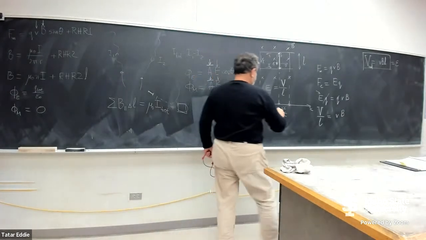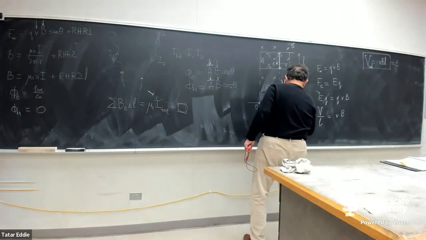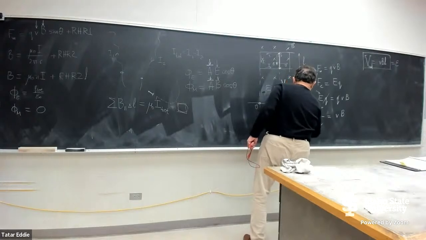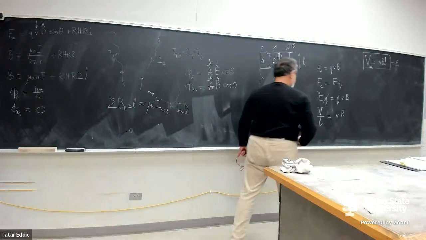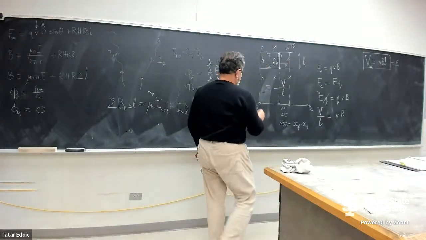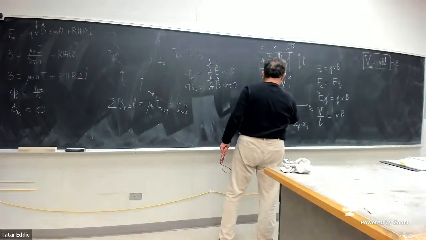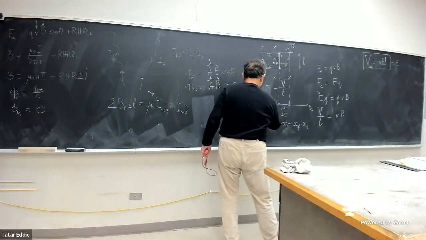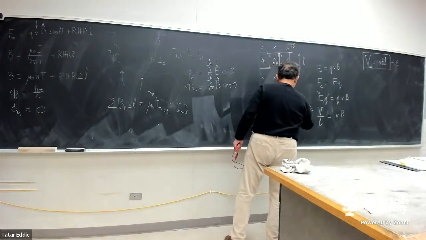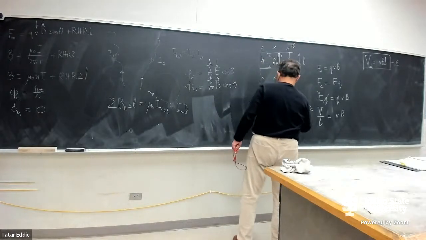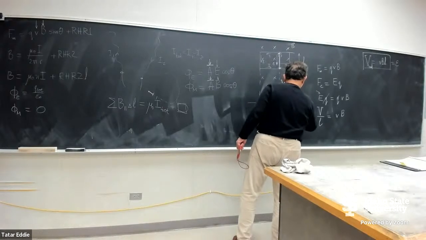So delta x, of course, is x final minus x initial. So x initial is this length, and x final is this length here.